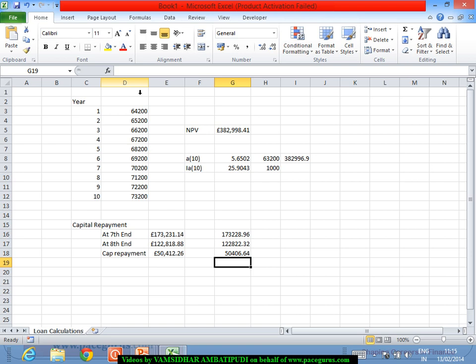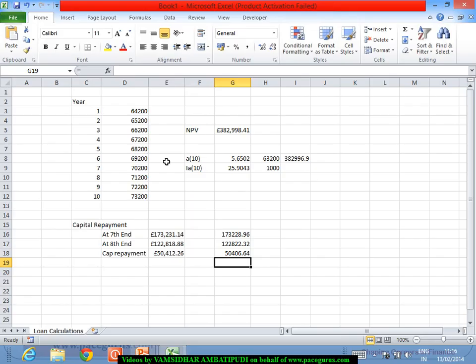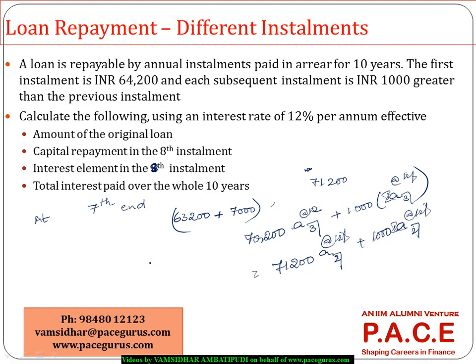The difference between the two is the payment that has been done towards the principal repayment in that particular year. So how do I find out? Probably if the same question, if I wanted to know what is the interest element, let's say instead of fifth installment, just to extend the same problem, if I talk about what is the interest element in the eighth installment, how much is the amount that needs to be paid?